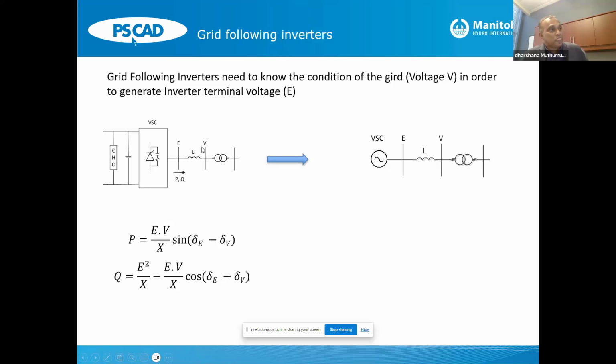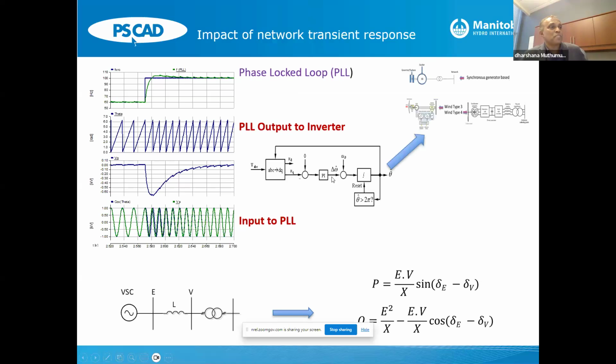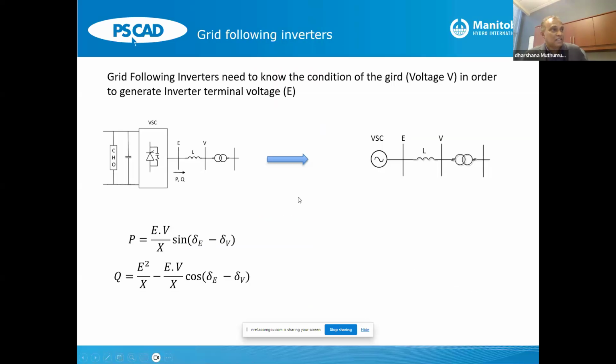Now, the calculation or the measurement of the phase is through the phase lock loop, right? And we already said that it's very critical to establish very accurately the phase angle of this voltage.